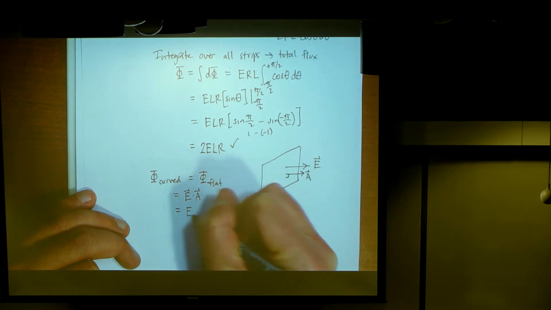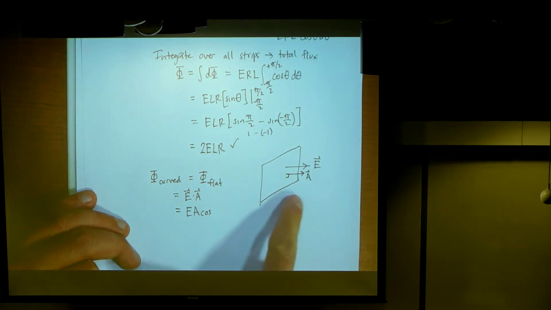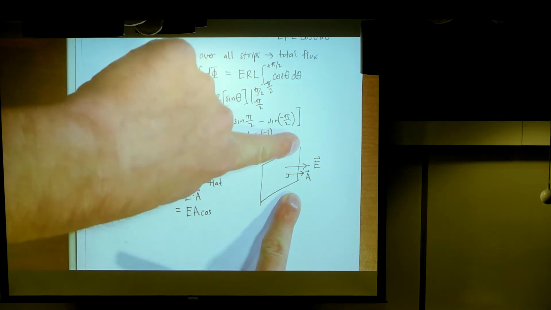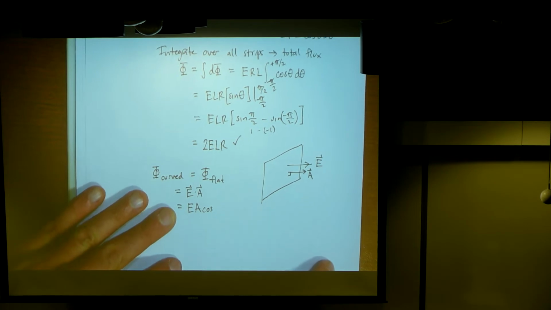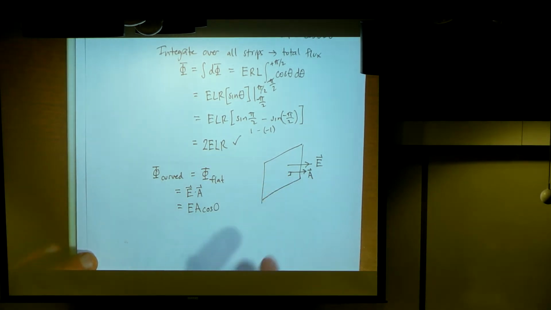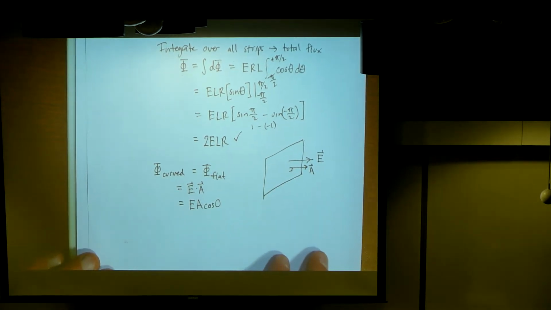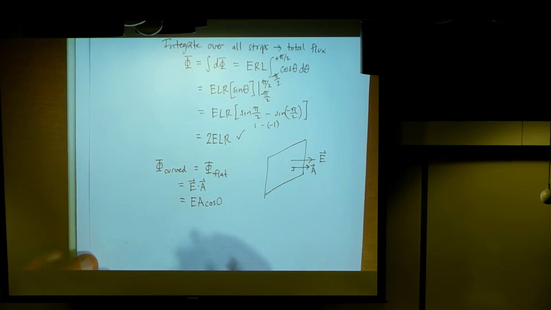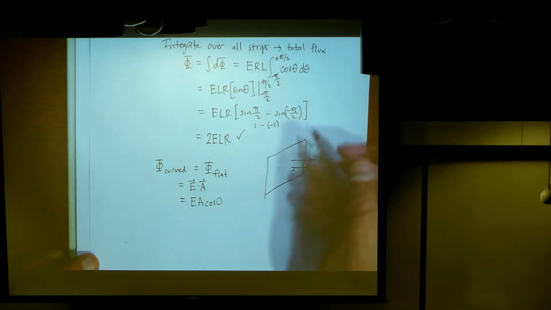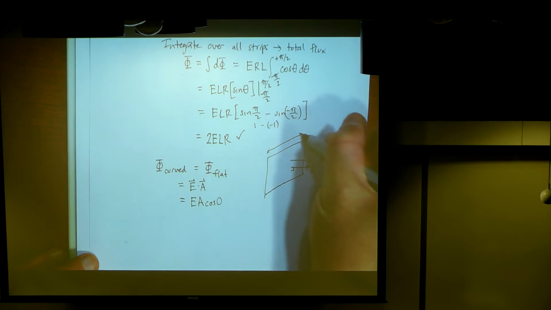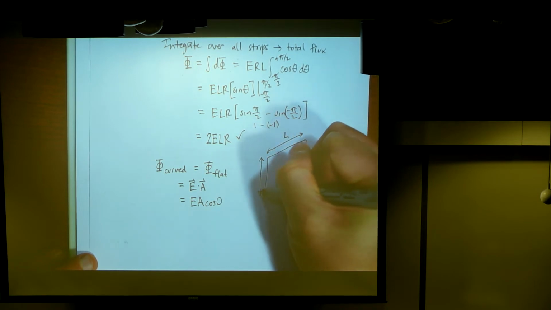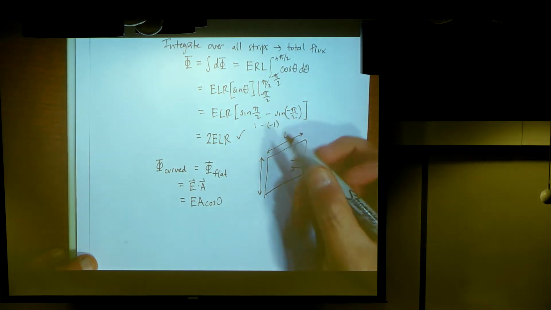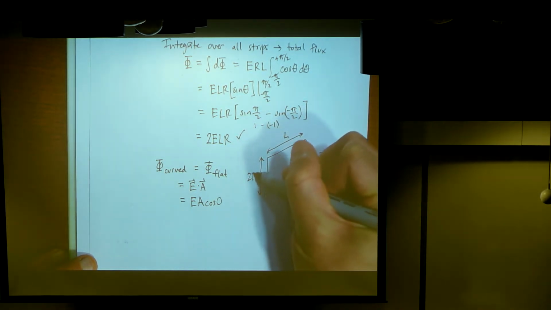which is EA cosine of, so when we're considering this flat part, what is the angle between my electric field and my area? It's just 0. They're pointing the same way. Okay? And then what can I say about the area of this guy? Well, this is L, right? That's just the length of the cylinder. And then on this side, I'll have the diameter of the half cylinder, which is 2R.